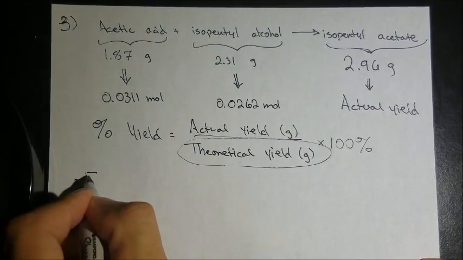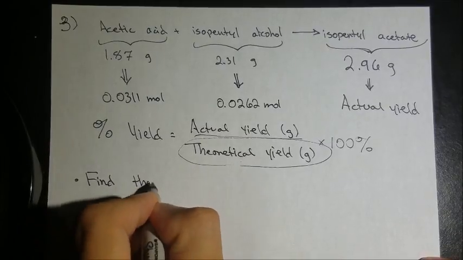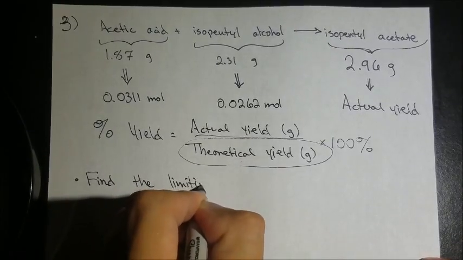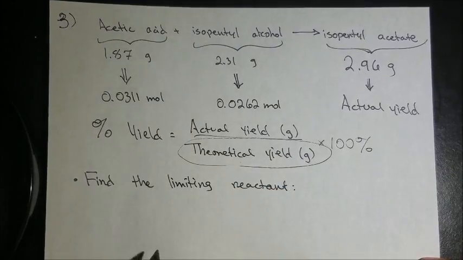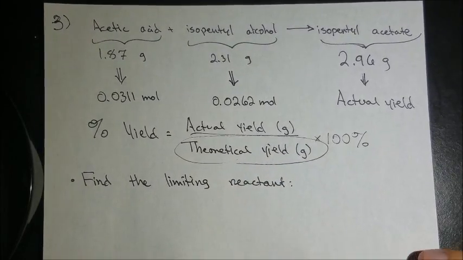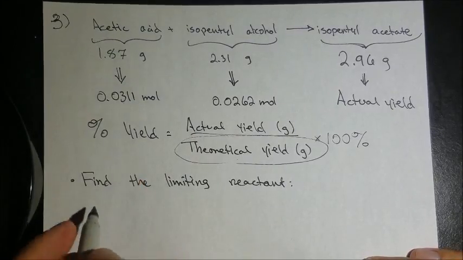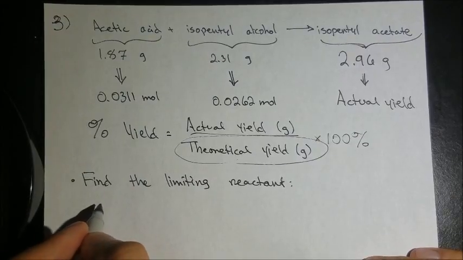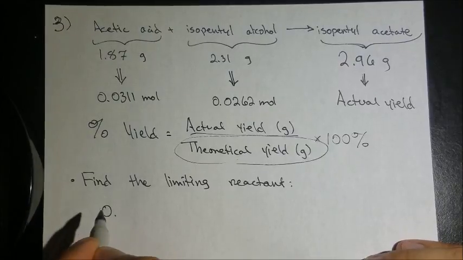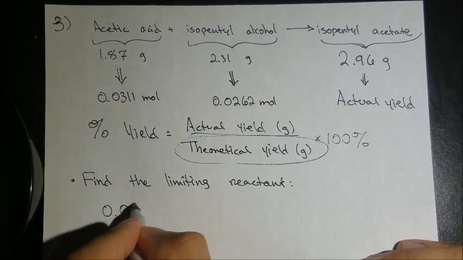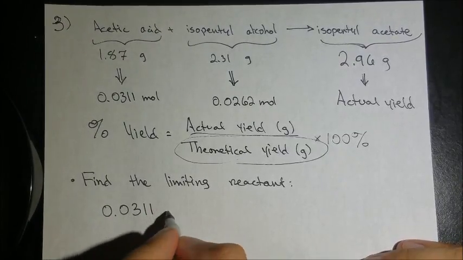So let's find the limiting reactant. This is really important because we need to determine which one we're going to run out of first. So if we look at the acetic acid first, this might already be obvious to some people, but I'm going to go ahead and be really systematic here and write everything out.